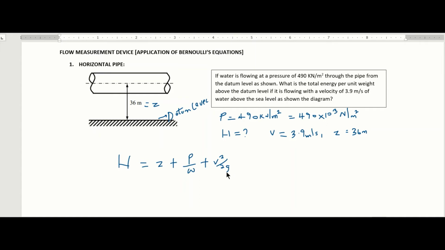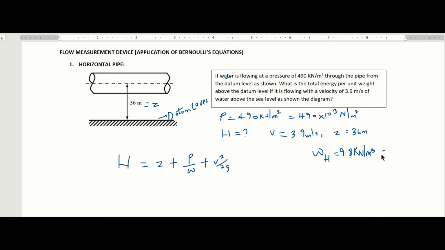Now please remember that the fluid flowing in this pipe is water. So the specific weight for water is 9.81 kilonewton per meter cube. We can convert this to Newton per meter cube.